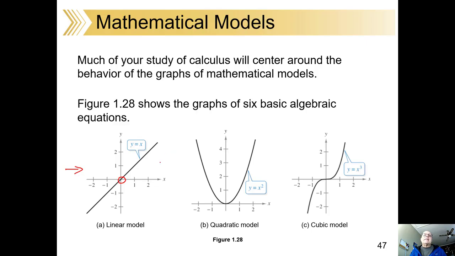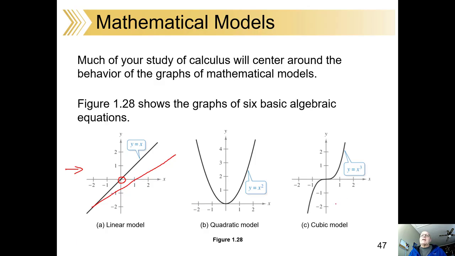If instead it does something like this, still not too bad, linear model, it's easier to work with. The quadratic model, well, at least you've got a model. It's not quite as nice as the linear model. You have to go through some hoops, so to speak, to actually work with the data, but it's not too bad. And the graph would look something like that with a parabola.